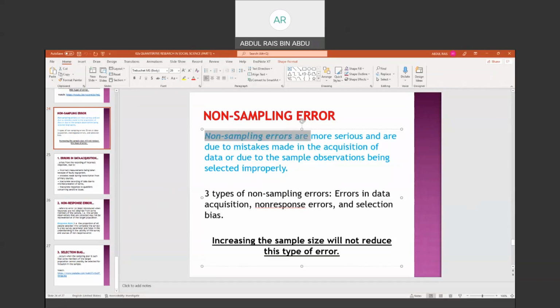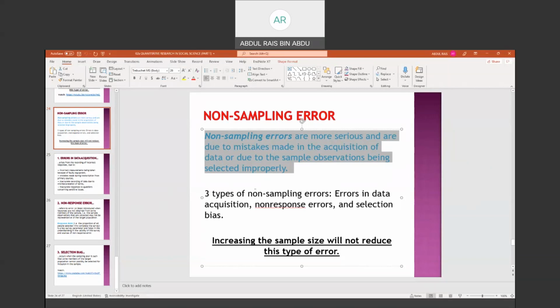And non-sampling errors ni di highlight ni adalah more severe compared to the sampling error, and very hard to overcome, very hard to fix if you baru sedar dia at a later stage of your study.